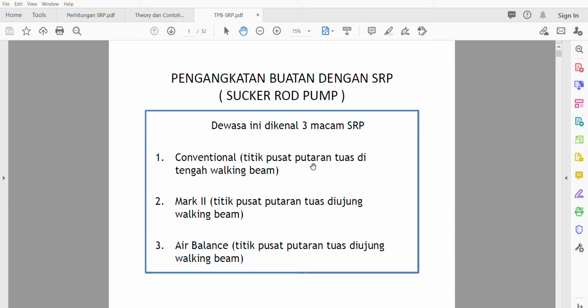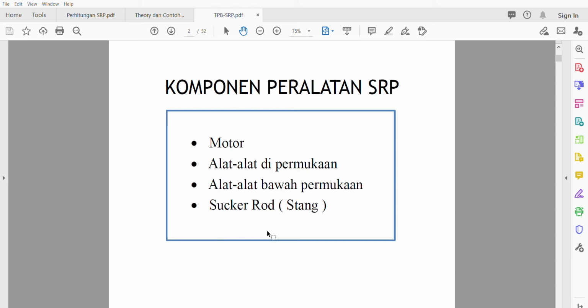For the conventional type, the stabilized point is the titik pusat putaran. I don't know how to say it in English. It is in the middle of the walking beam, and for the Mark II type it is at the end, and air balance is also at the end.